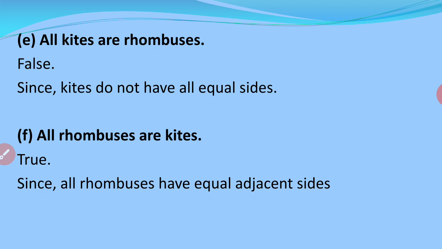The next, all rhombuses are kites. Yes, this statement is true because the properties of kites easily fit into the properties of rhombuses, though a rhombus has some more properties. That is why all rhombuses can be said to be kites.